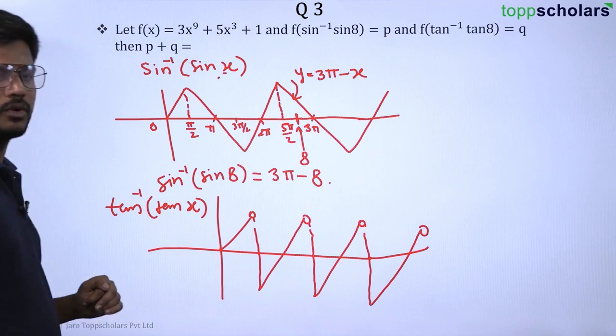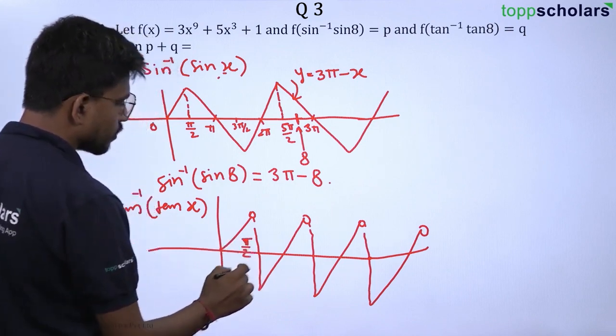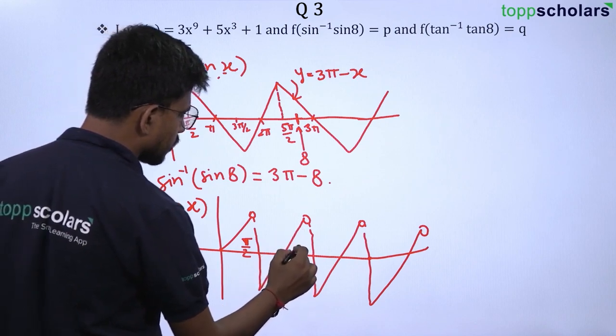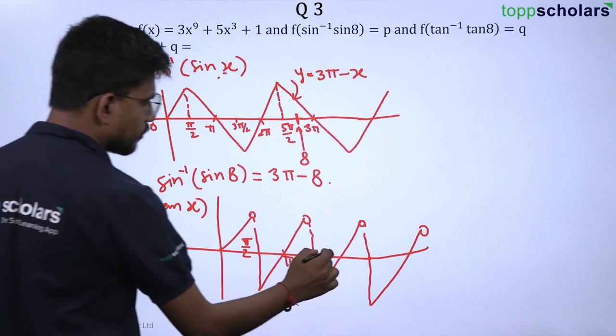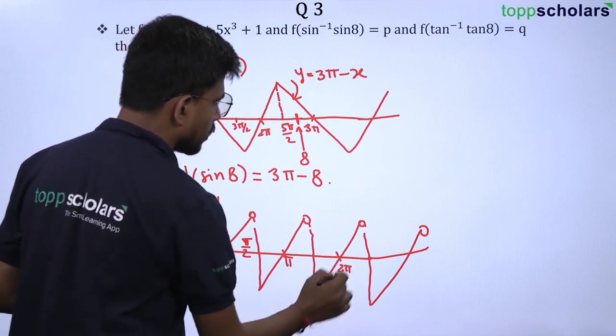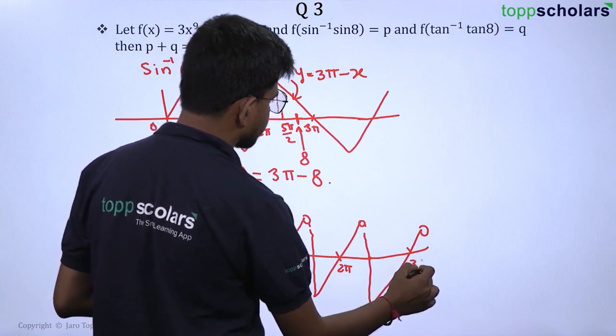Something like this. Okay. So this is my pi by 2. This is my pi. Okay. This is my 2 pi. And this is my 3 pi.